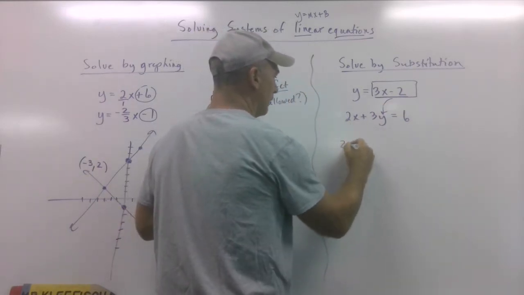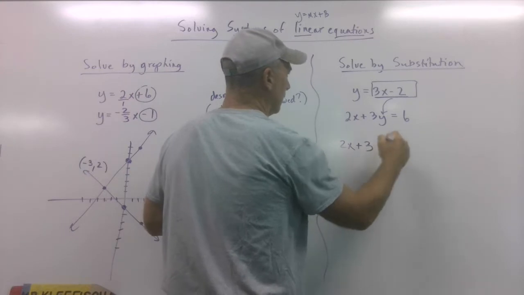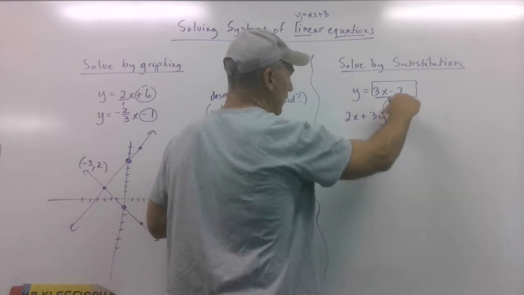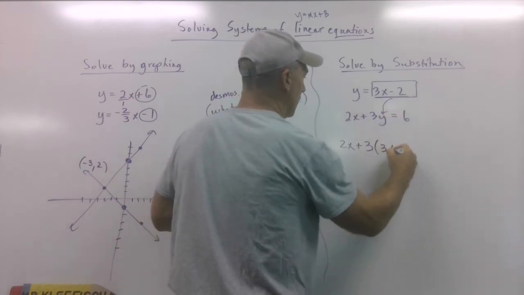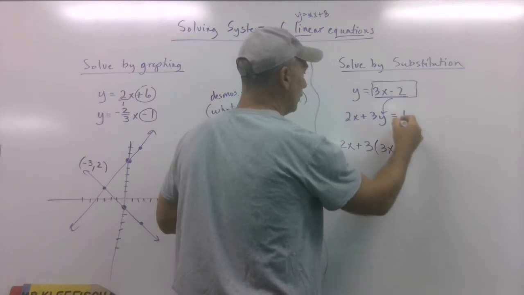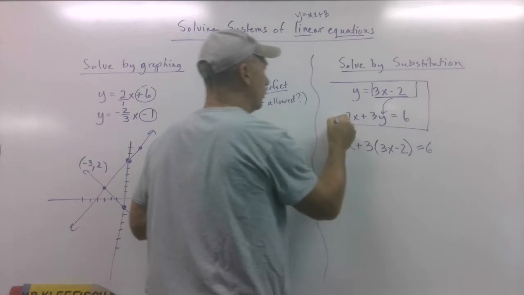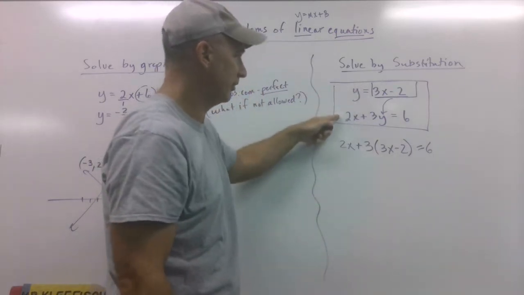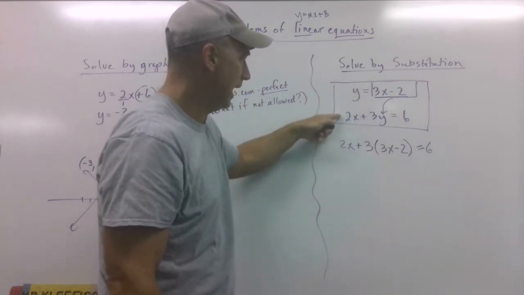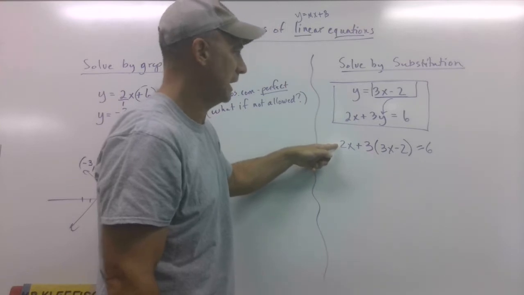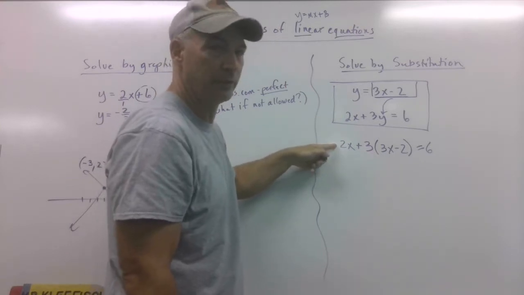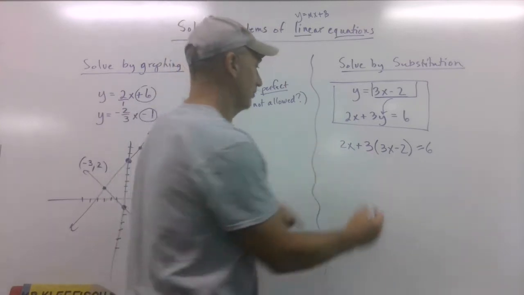So 2x plus 3 times what y equals, and that is 3x minus 2 equals 6. Now I want you to know something. We started with two equations, two variables. And by one little simple act of logic, we got it down to one equation, one variable. Now we can find x.